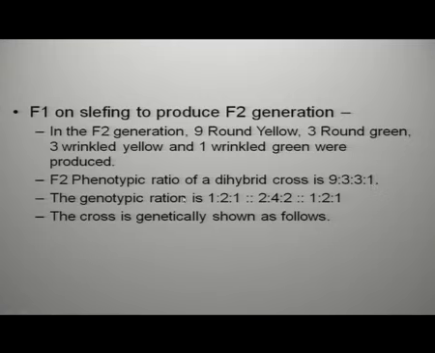The genotypic ratio is 1:2:1, 2:4:2, and 1:2:1. We can show this cross by genetic symbolization using a Punnett square. Listen.